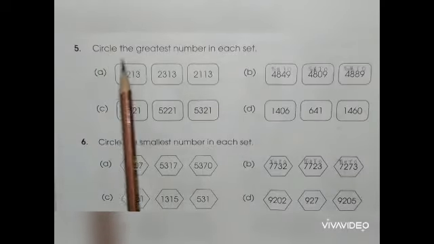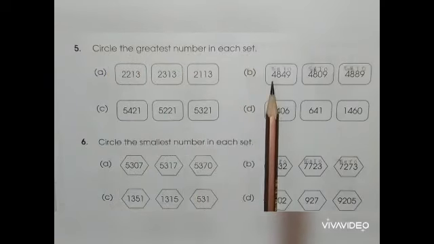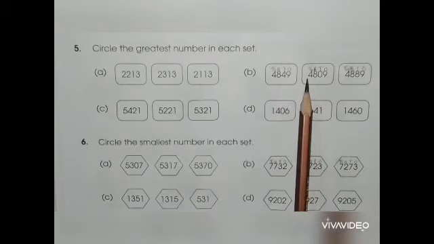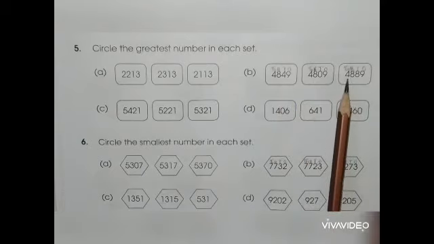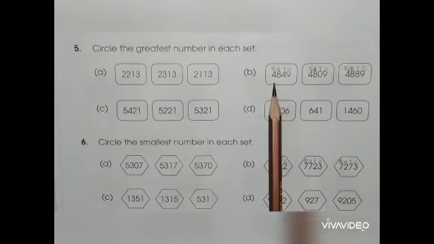In this question, you have to circle the greatest number in each set. The numbers are 4849, 4809 and 4889. We'll start the comparison from the column of thousands.